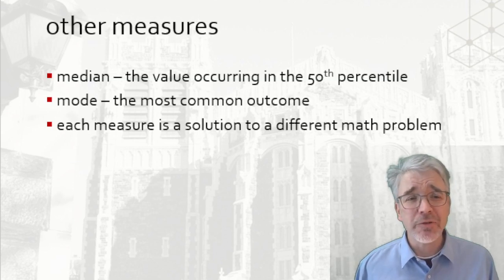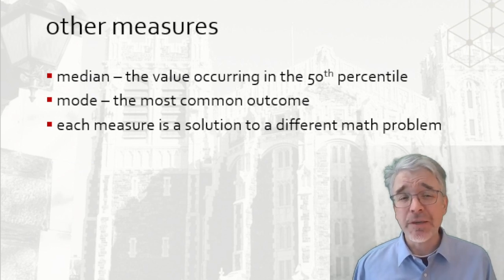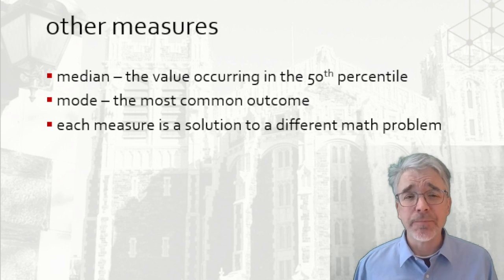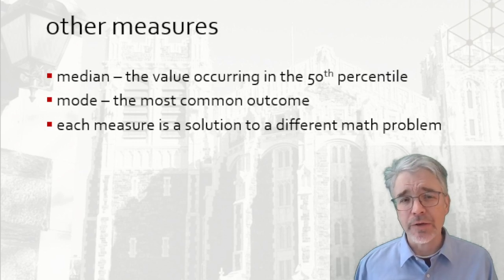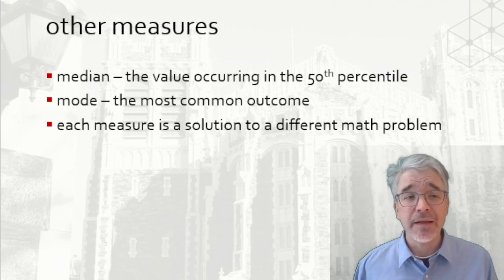There are other measures of central tendency. The median is another measure of what happens to a typical person in the group, again like the mean, but with its limitations. The median is the value that occurs in the 50th percentile, the person or occurrence exactly in the middle. If there are an odd number of outcomes; otherwise it's between the two middle ones.